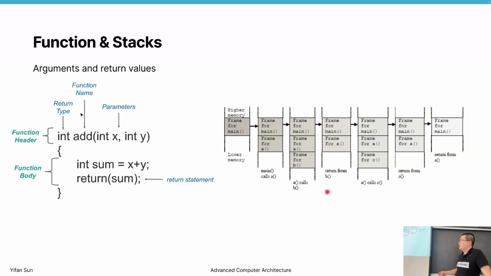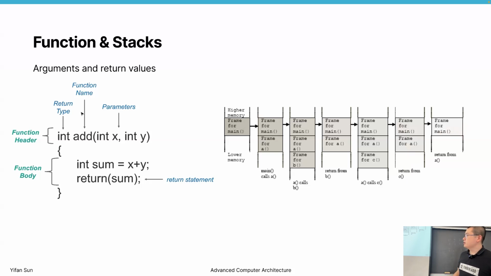It's very hard to debug. It's called a memory security problem, but it's not really a security problem. It's a debugging difficulty problem. So when we return, we reduce the stack frame. Then when we call another function, we grow. Now we reduce. Now we eventually go back to main, right? This is how we call a function and how memory is organized.